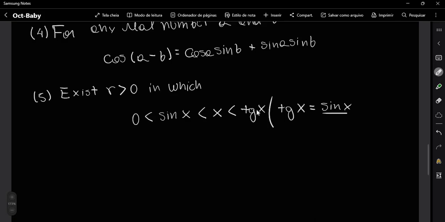This one we know very well: sine divided by cosine. And this is for x on the interval 0 and r.